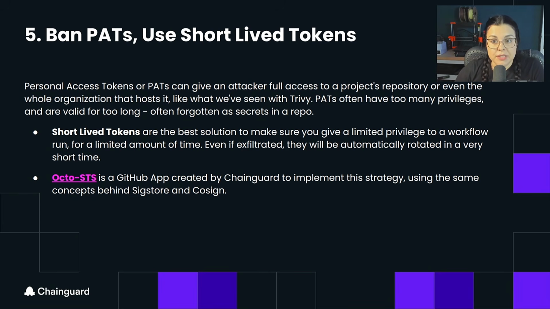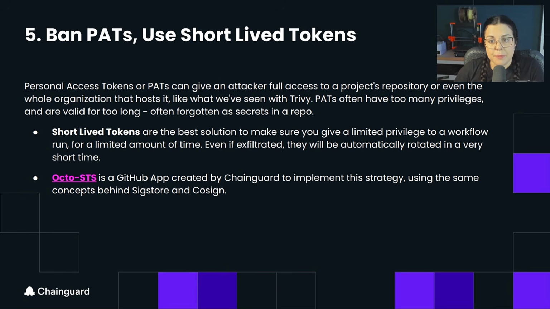Using short-lived tokens is the best solution to make sure that you give only limited privileges to a workflow run and for a limited amount of time. So even if the credential is exfiltrated, it will expire quickly, so you don't need to be so concerned about that.